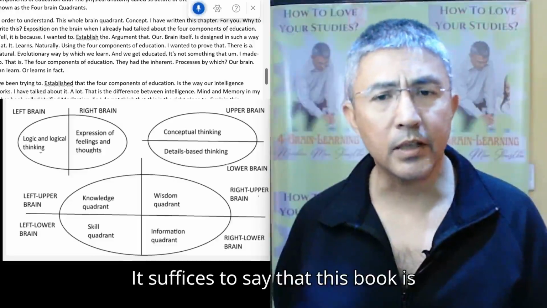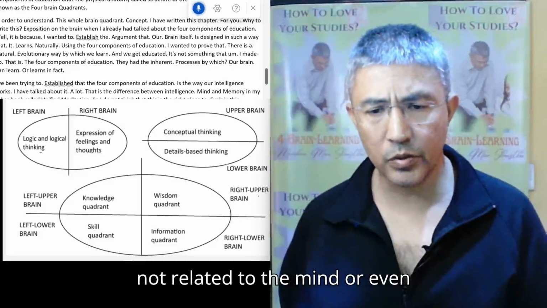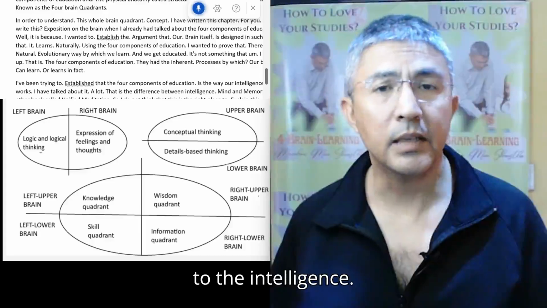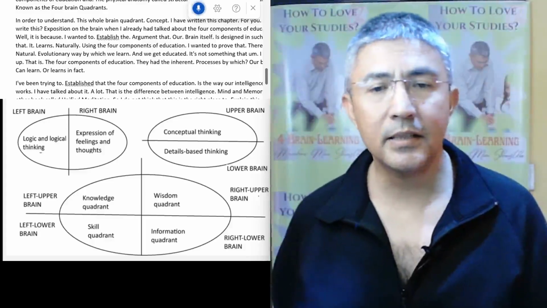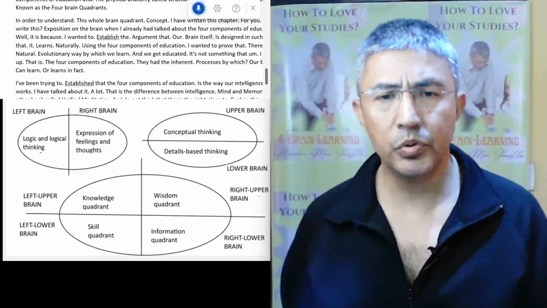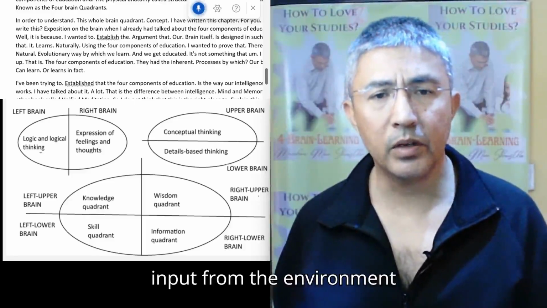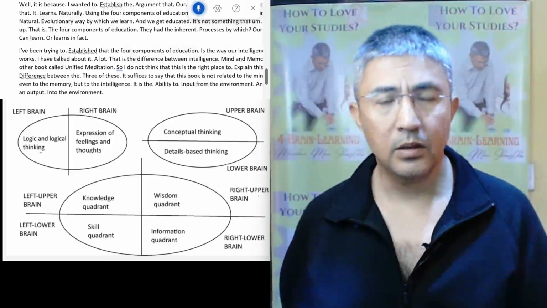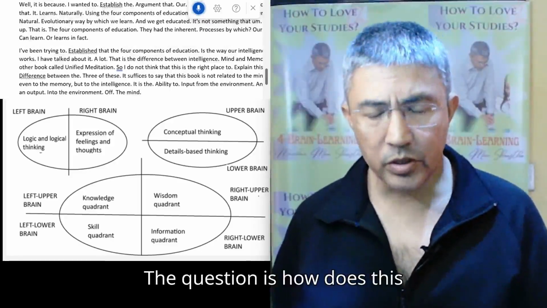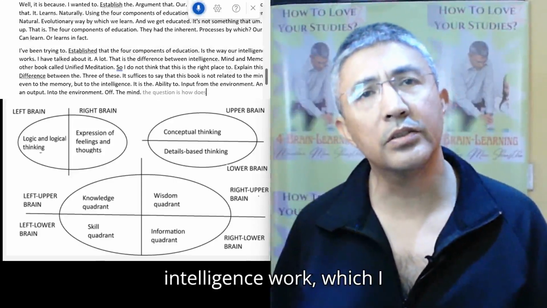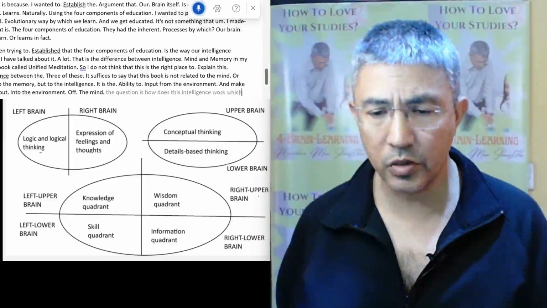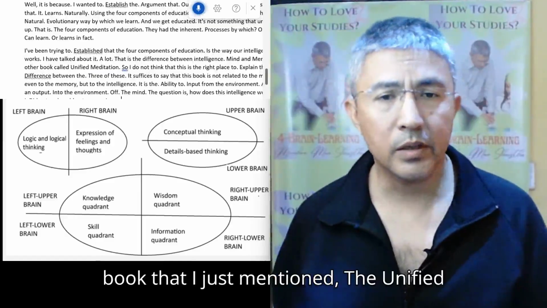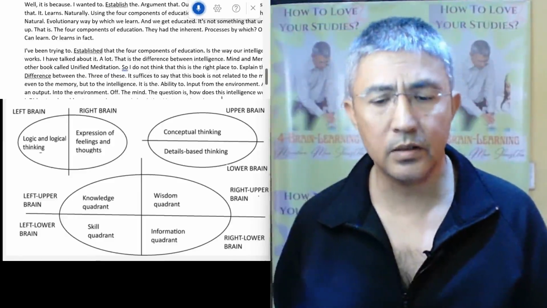It suffices to say that this book is not related to the mind or even to the memory, but to the intelligence. It is the ability to take input from the environment and make an output into the environment of the mind. The question is, how does this intelligence work, which I did not and could not answer in my earlier book that I just mentioned, Unified Meditation.